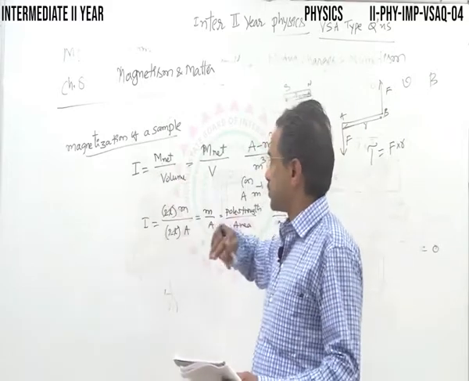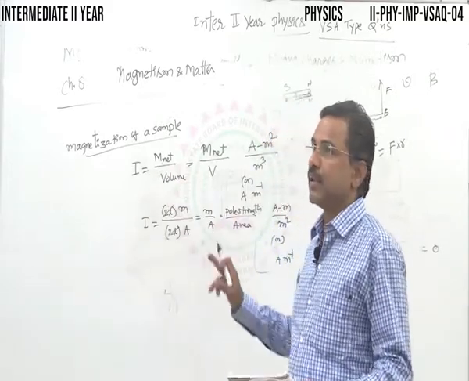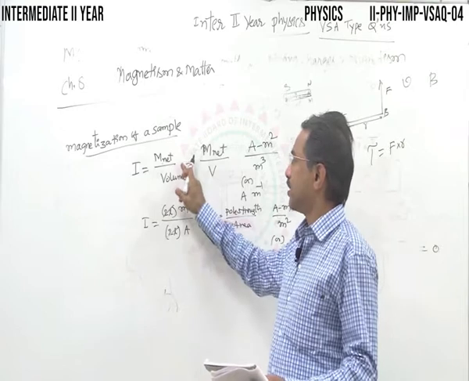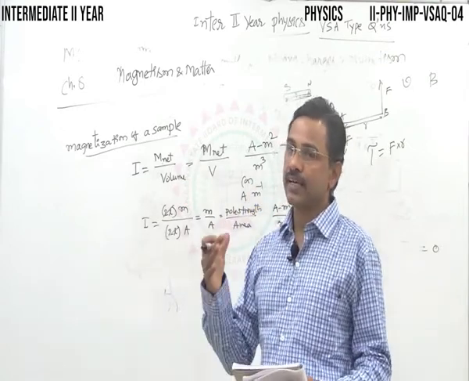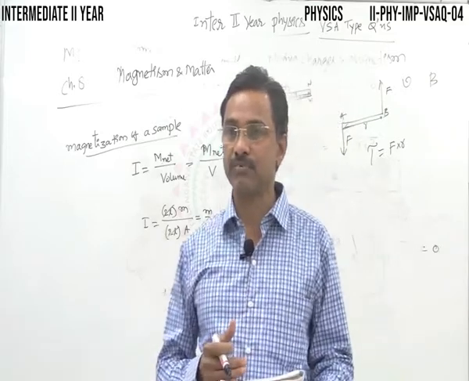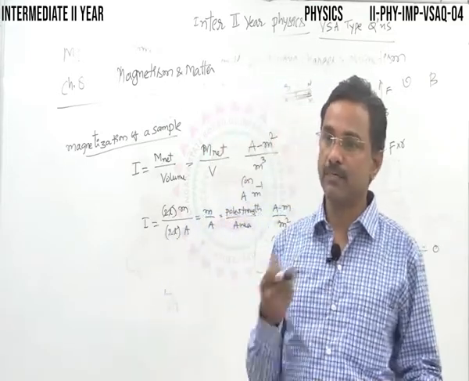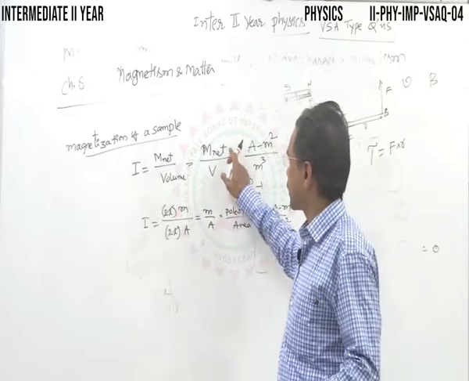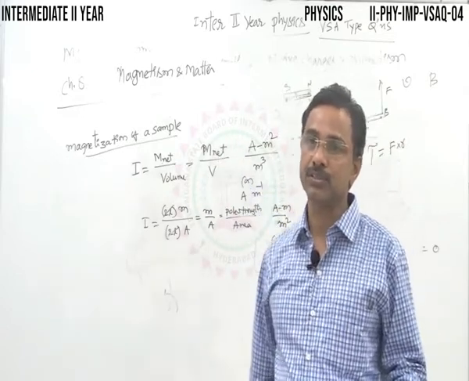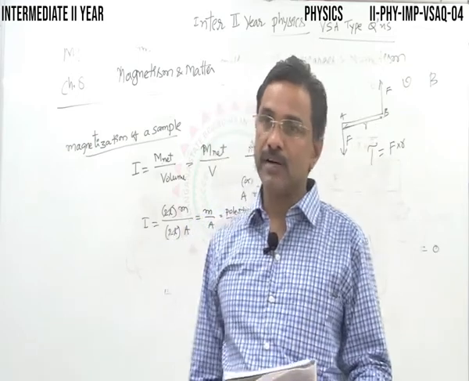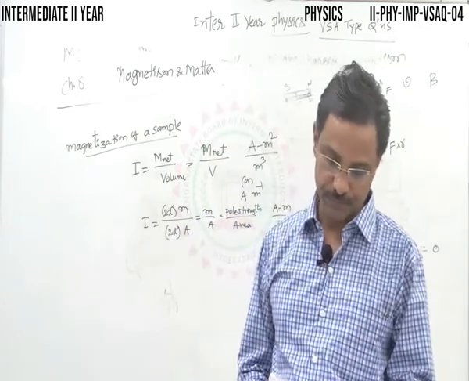Magnetization of a sample is defined as the net magnetic moment developed per unit volume. When a magnetic material is placed in a magnetic field, it develops a net magnetic moment. The net magnetic moment developed per unit volume is called magnetization of a sample, or intensity of magnetization.